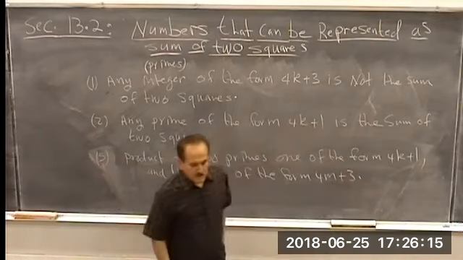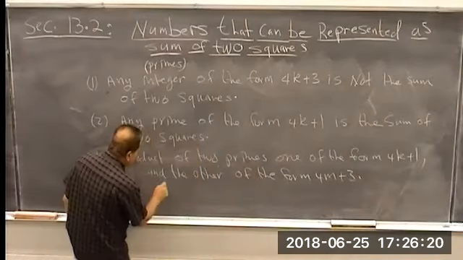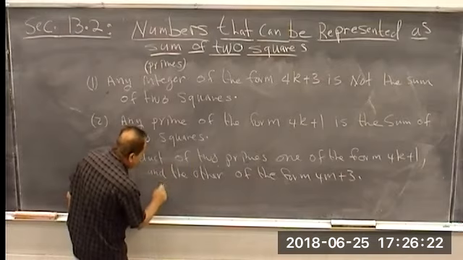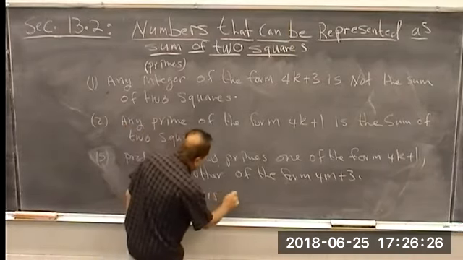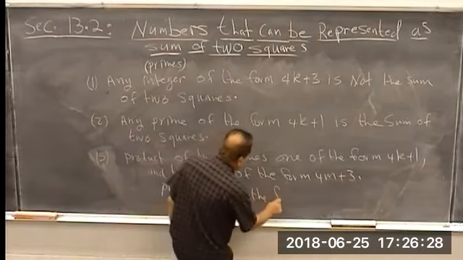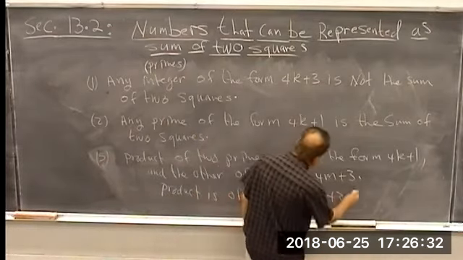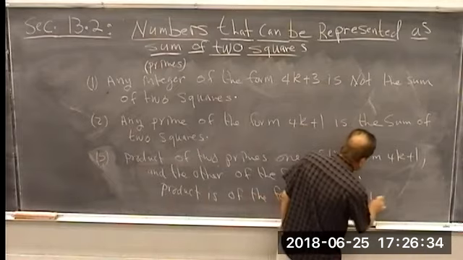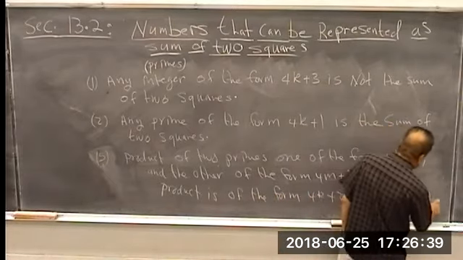Now the product of these happens to be of the form 4k plus 3. And this is not a sum of two squares.